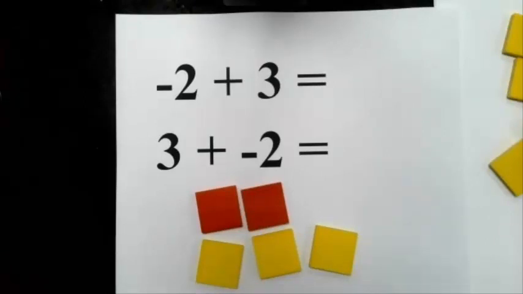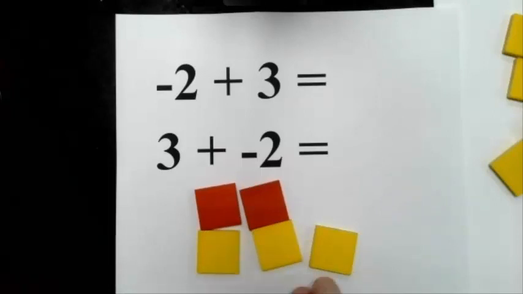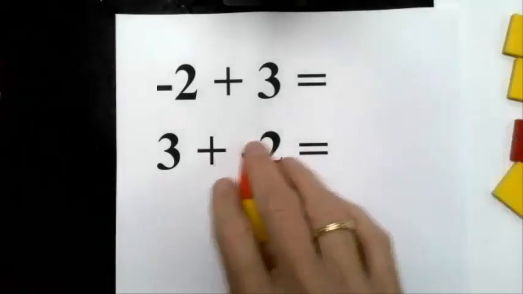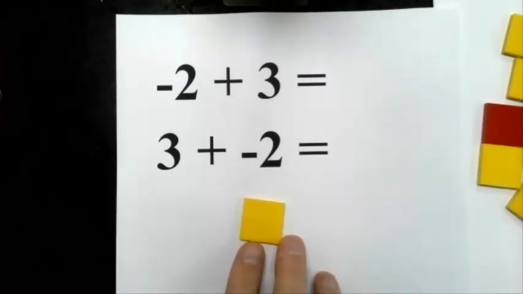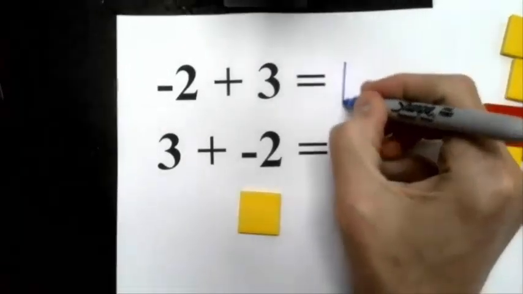Remember that -1 and +1 add to 0. So I have 2 0 pairs here. The 0 pairs go back to the cloud. This leaves me with the 1 yellow counter, which represents +1. The sum of -2 and 3 is +1.